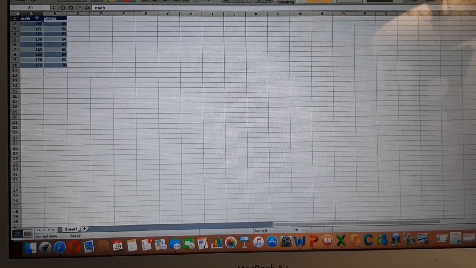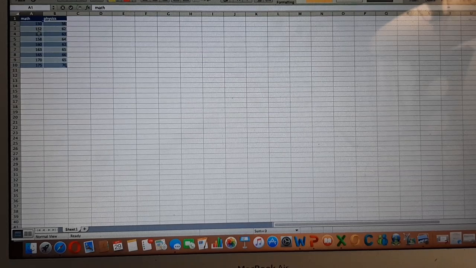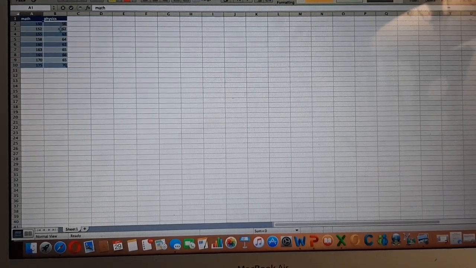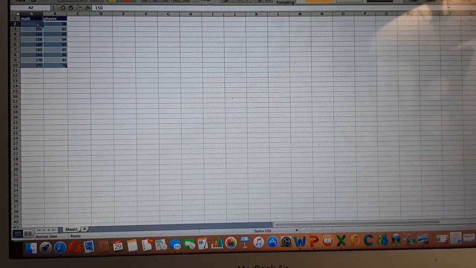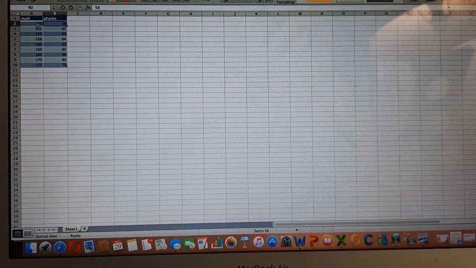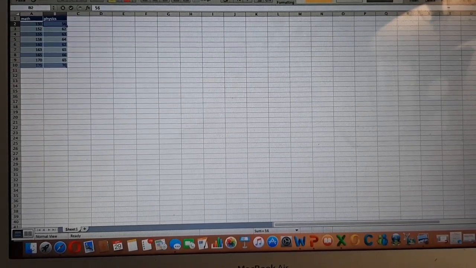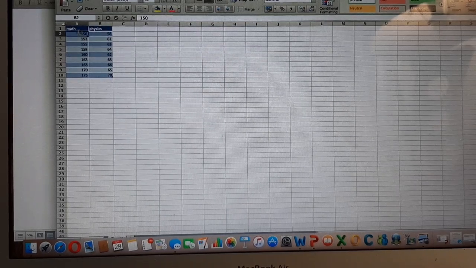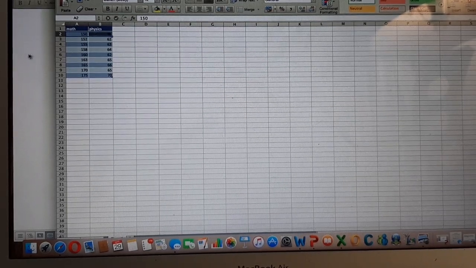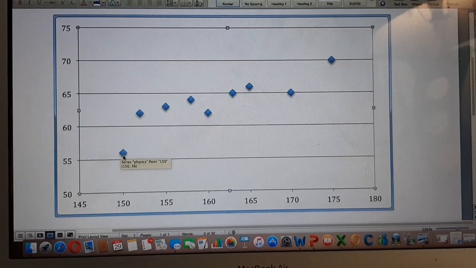These were the marks for maths, 150, 152, suppose out of 200, then 155, and here you have marks for physics, 56, 62, 63. So when you have got 150 marks in maths, you have got 56 marks in physics, and you can see that this point is plotted on the diagram here, this one.